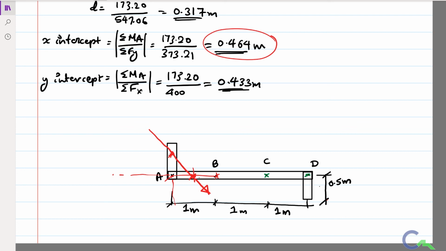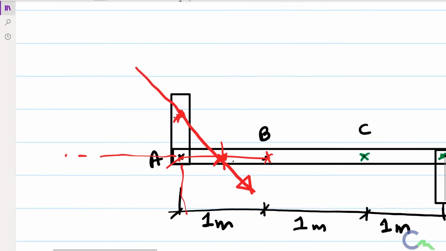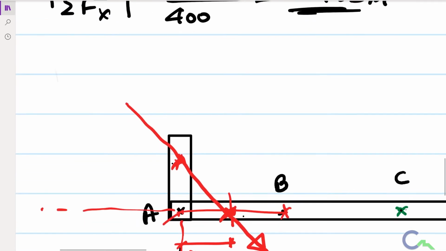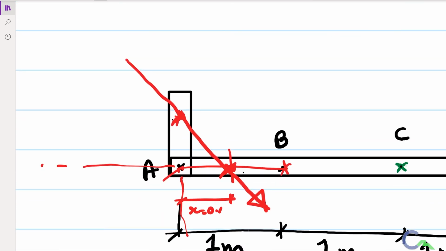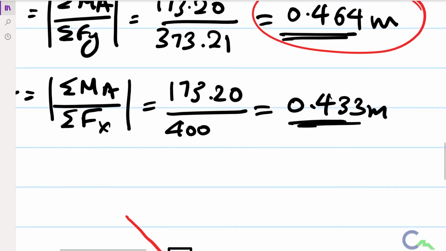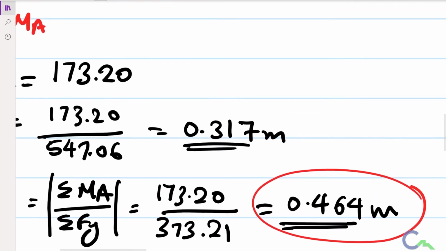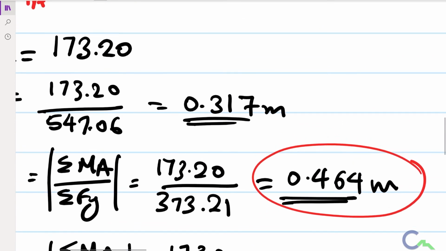Therefore my assumption is correct. Therefore x intercept is 0.464, y intercept is 0.433, R value we got 547.06.